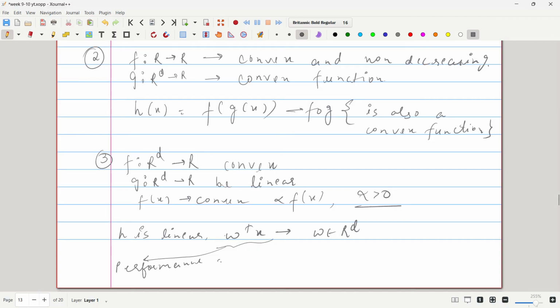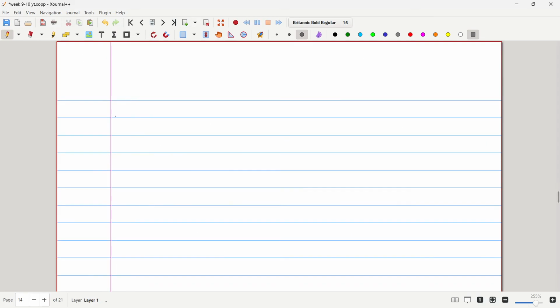performance measure. Okay. So the performance measure is the sum of square error.